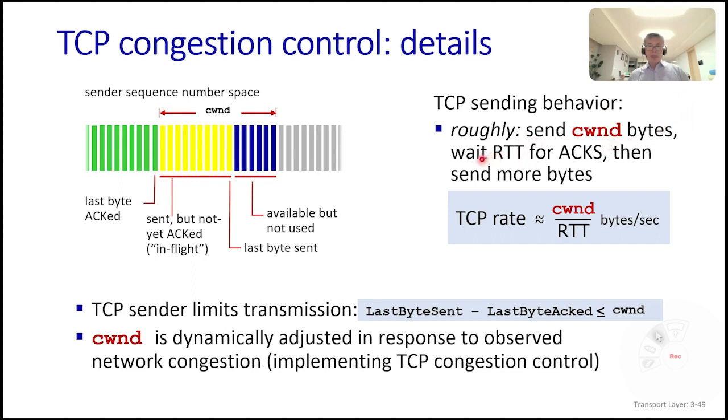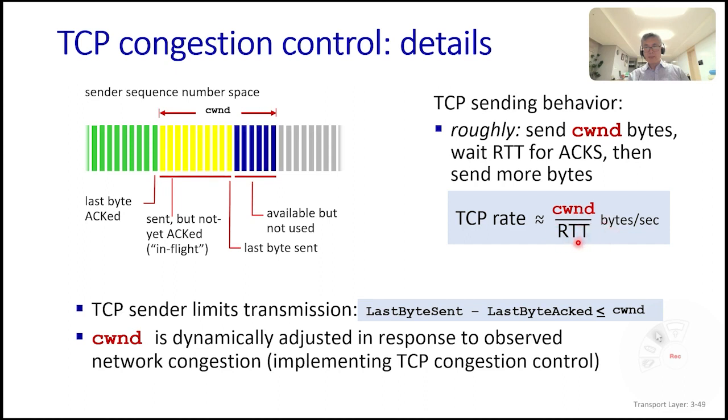So CWND bytes are sent, and it waits one RTT for acknowledgment, then sends more bytes. Which means during the round trip time, it transmits the first segment, and then consecutively sends the segments, and then all data is received and acknowledged, which takes one round trip time.